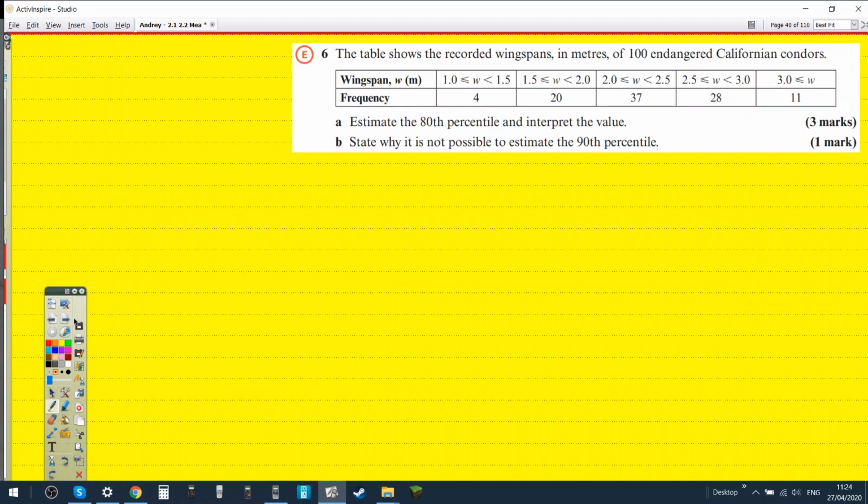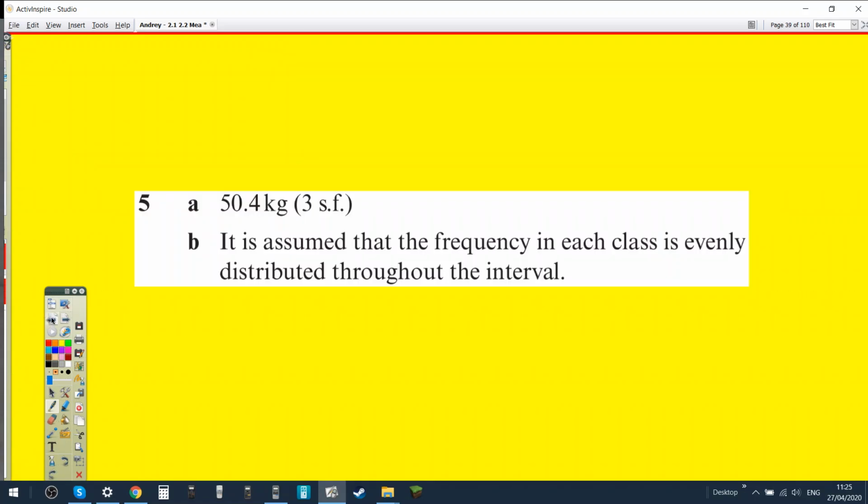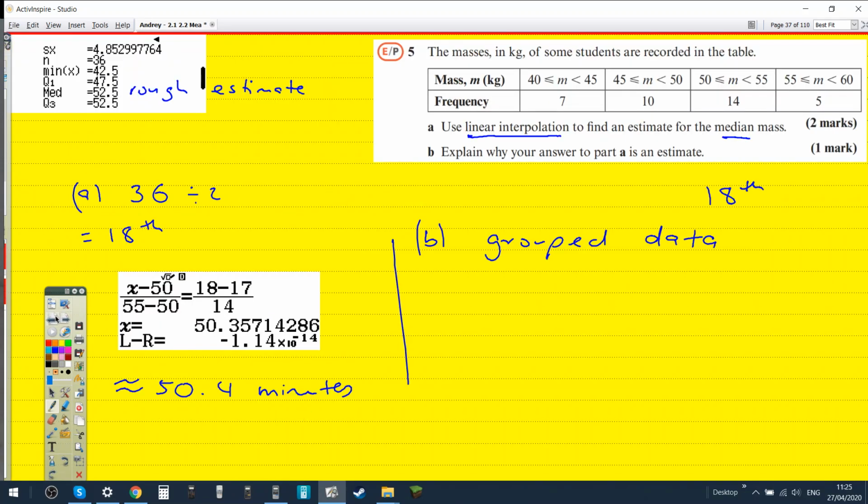Okay, 80th percentile. And actually, we said our rough estimate was 52.5 using our midway thing.